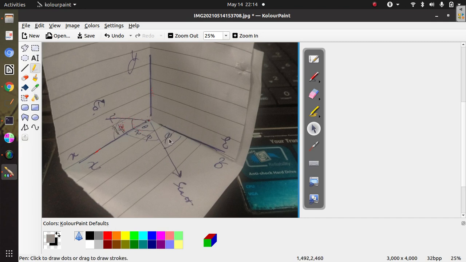And here it is phi. Phi is from this to this, and the angle of the scattered wave with the x-axis is 90 minus phi. So this diagram will help us later on.